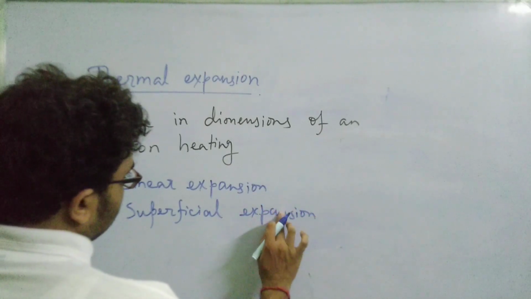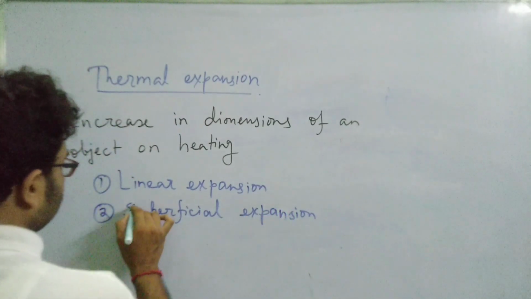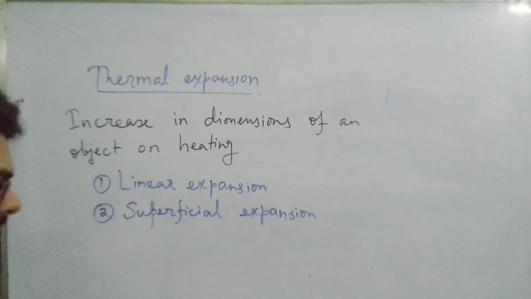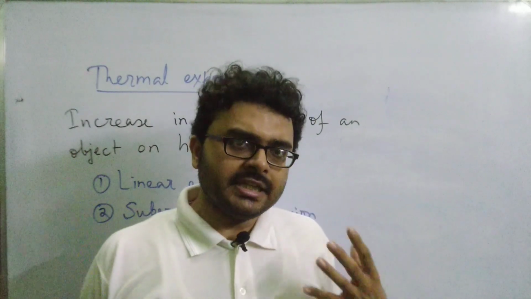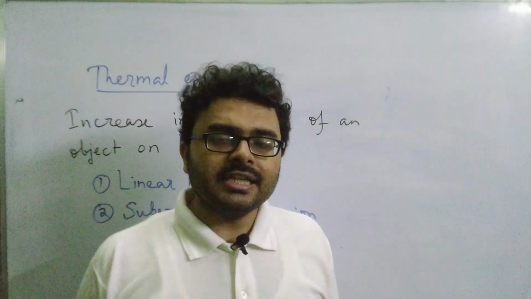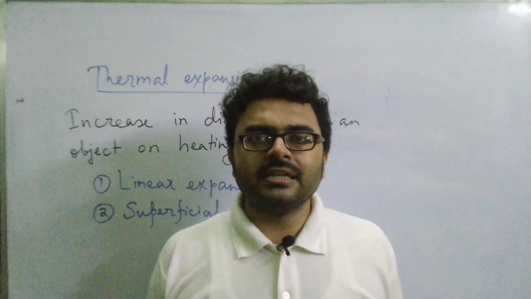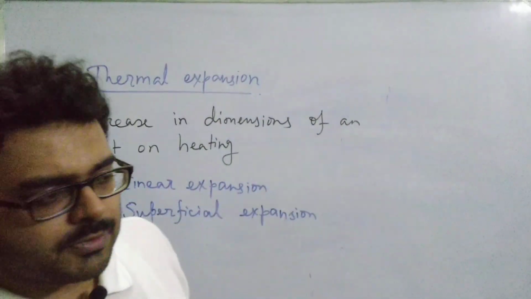If you take an object like a thin plate, the length and breadth are considerably larger than the thickness or height of the plate. So if you heat a plate, mainly the expansion is seen in the area. The length and breadth increase, as a result of which we can say that the area has expanded. This kind of expansion is called superficial expansion or area expansion.